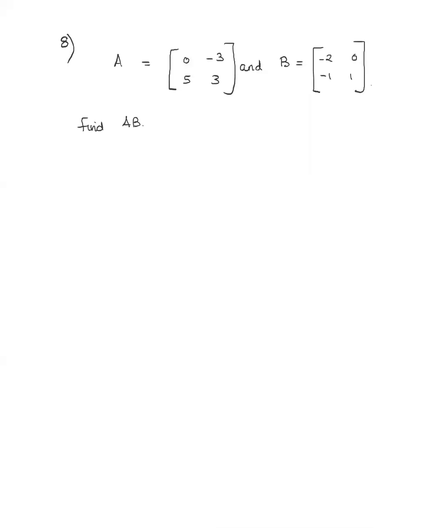So in order to do the multiplication, there is a rule. The first rule is about the sizes of the matrices. The number of columns in the first matrix should be equal to the number of rows in the second matrix. Then we can multiply.